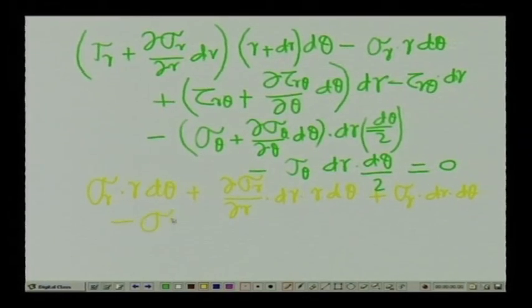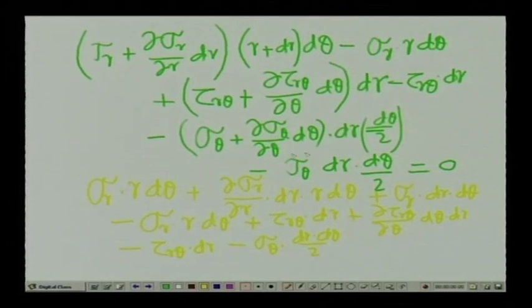Minus sigma r r d theta plus tau r theta dr plus del tau r theta del theta times d theta dr minus tau r theta dr minus sigma theta times dr d theta by 2.